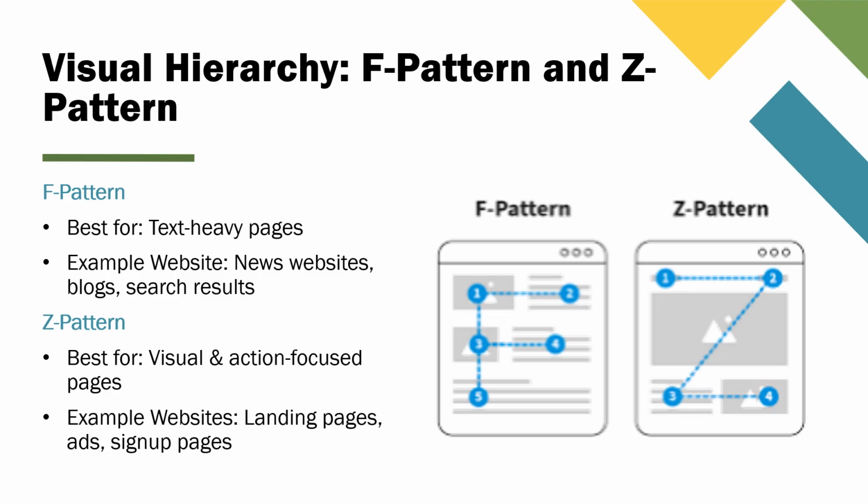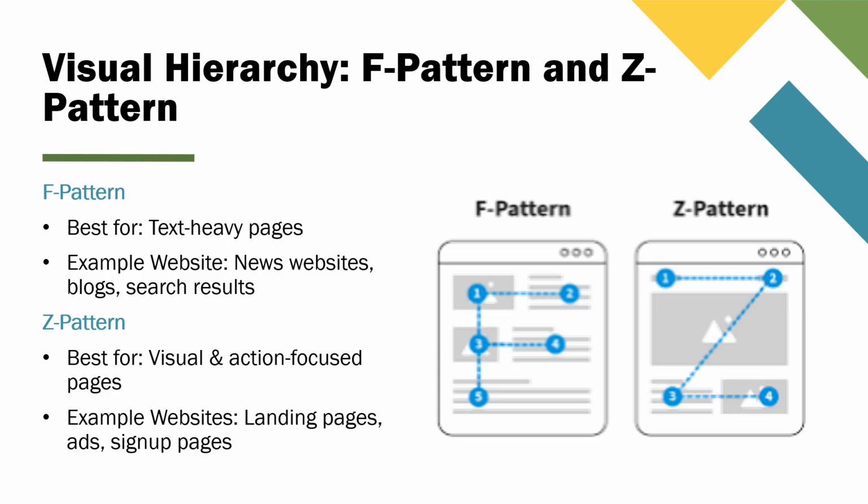First they scan the top of the page in a horizontal line, which forms the top bar of the F. Next, they move down slightly and scan another horizontal line, forming the second bar of the F. And then finally, they scan the left side of the content vertically, forming the long vertical line of the F. Now, this happens because users don't read everything, they skim, focusing on headlines and subheadlines and bolded keywords.